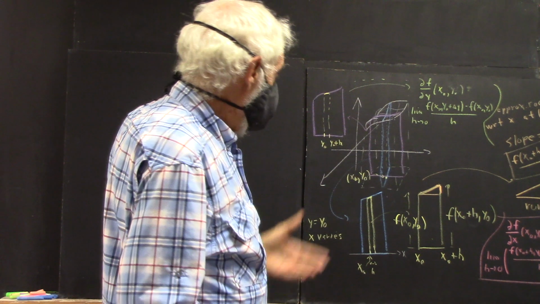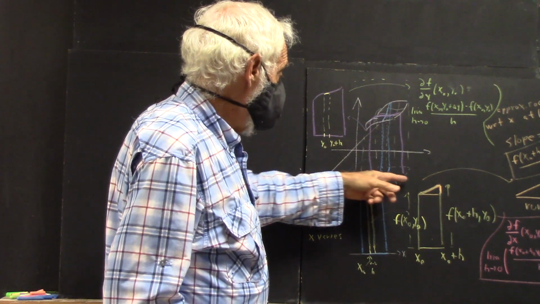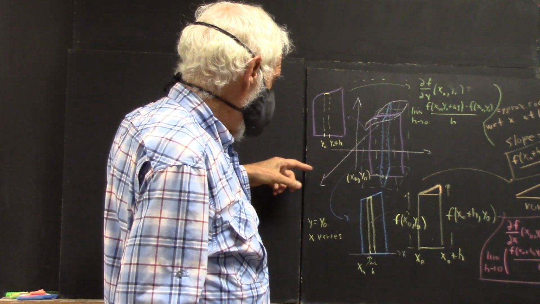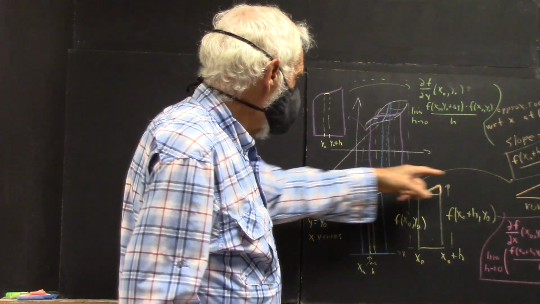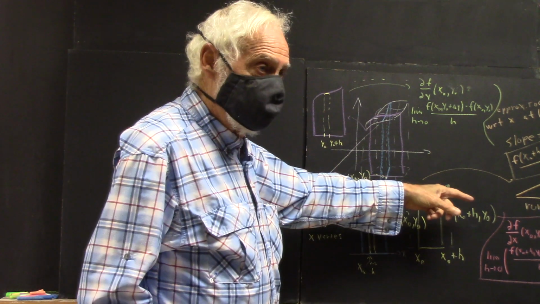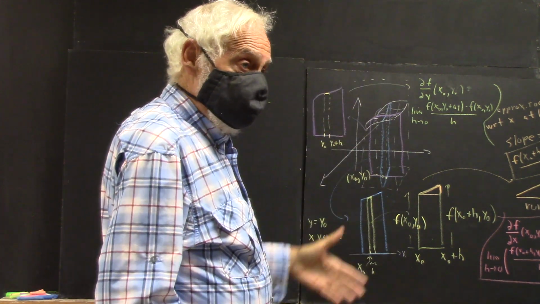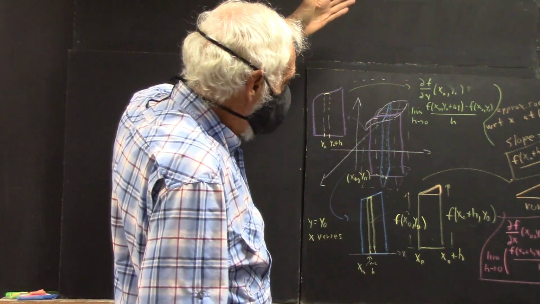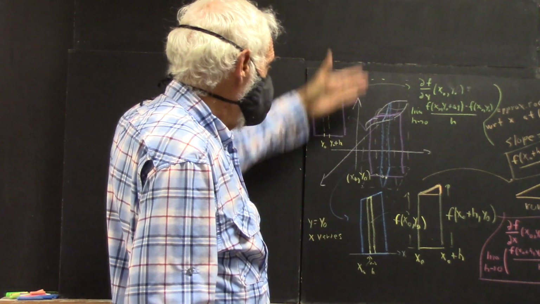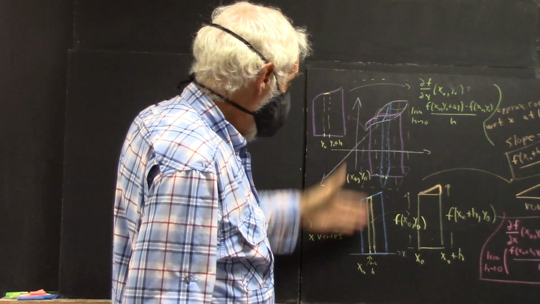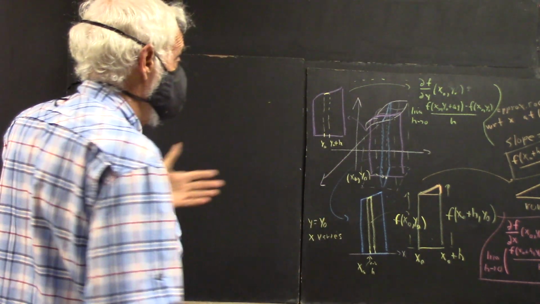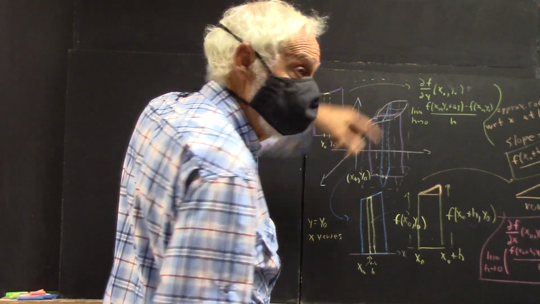Similarly, this plane defined by this purple line from negative infinity to infinity is the plane x equals x naught. So we've sliced our graph of the function with the plane x equals x naught, which gives us some curve.